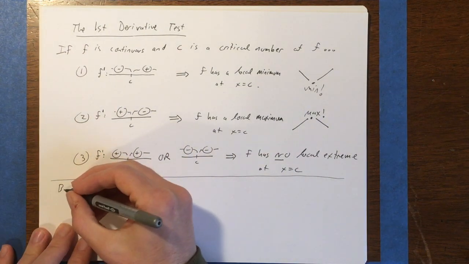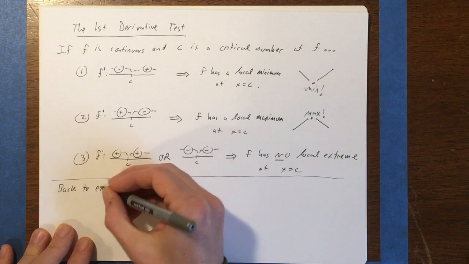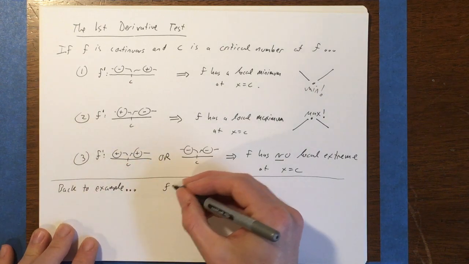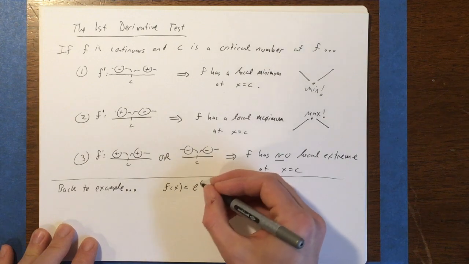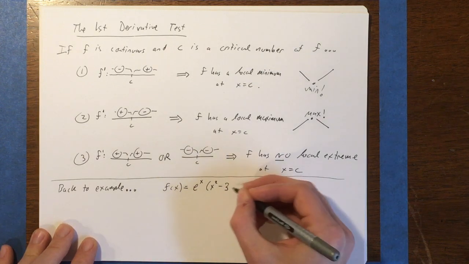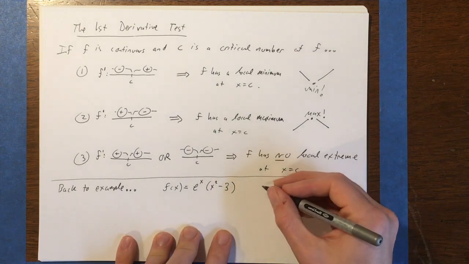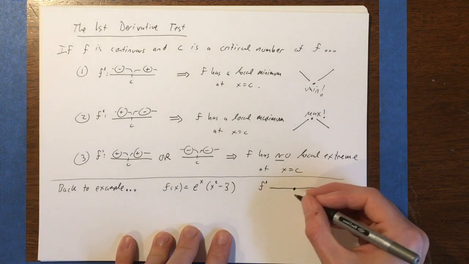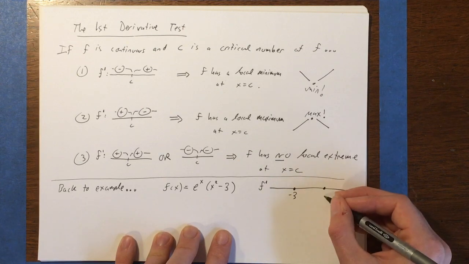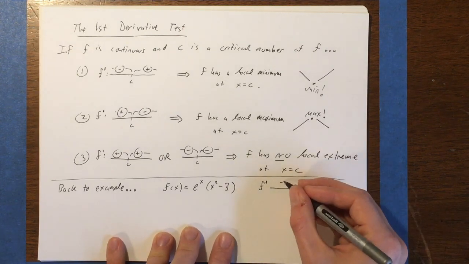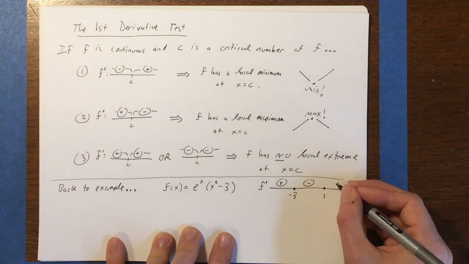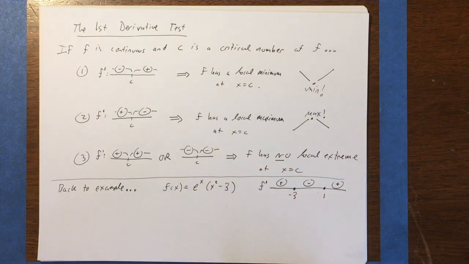So now going back to the example, we had f of x equal to e to the x times x squared minus 3. That was the function we were dealing with. And we found f prime and did a sign chart for f prime. f prime had two critical numbers, negative 3 and positive 1, and we discovered that the sign went from positive to negative and then back to positive again on those intervals.